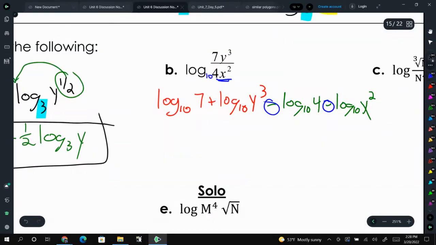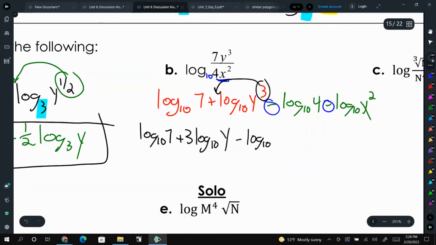And then we can simplify things. So let's leave this as log base 10 of 7. We can't do anything with that. This 3 can come in front, so plus 3 times log base 10 of y minus log base 10 of 4 minus, bring the 2 in front, 2 log base 10 of x.